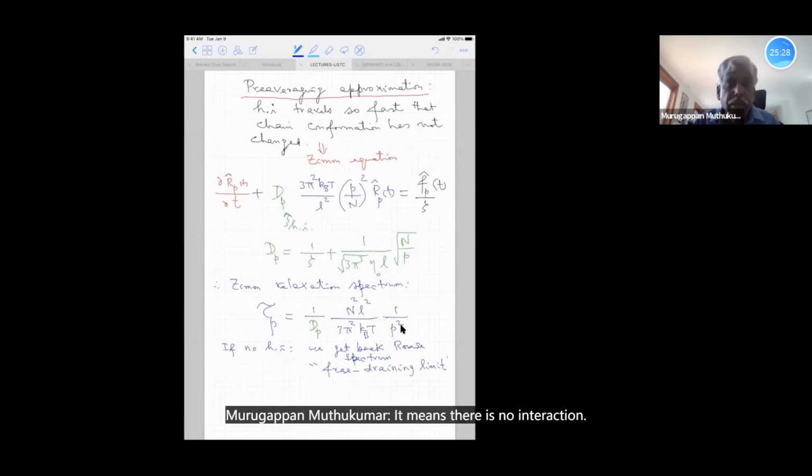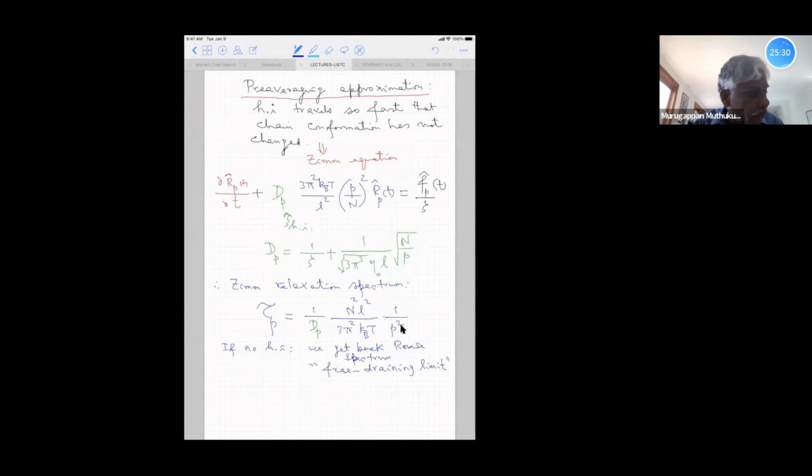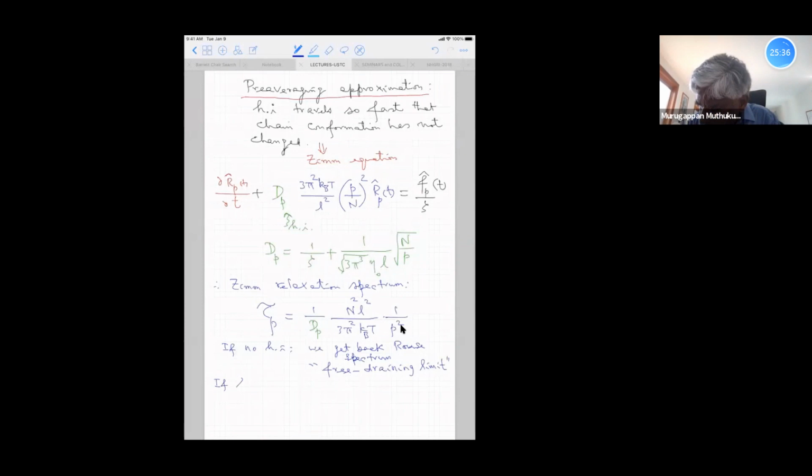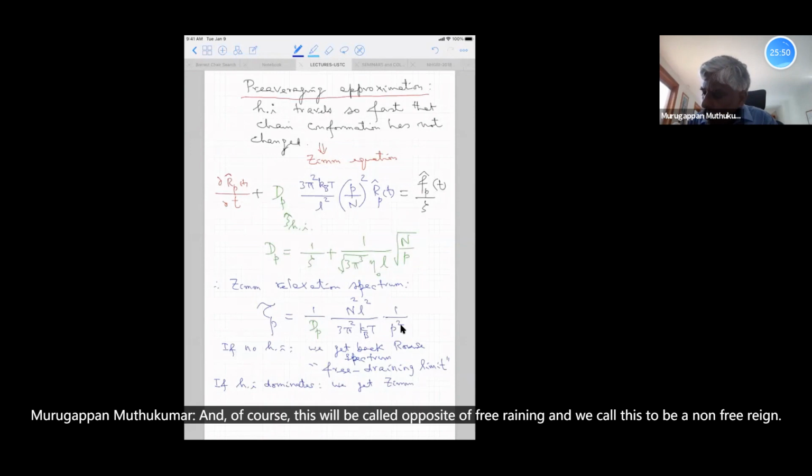Basically it means there is no hydrodynamic interaction. If hydrodynamic interaction dominates, we get Zimm. And of course, this will be called the opposite of free draining, and we call this non-free draining.